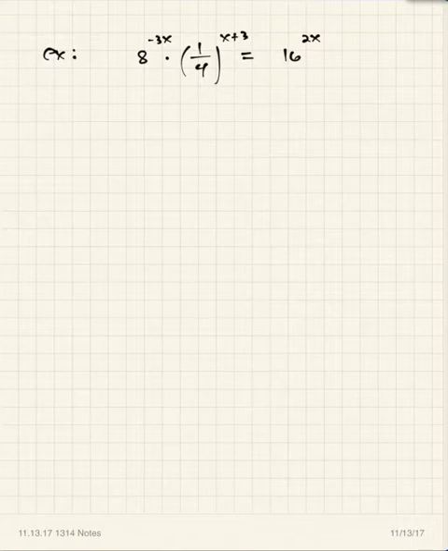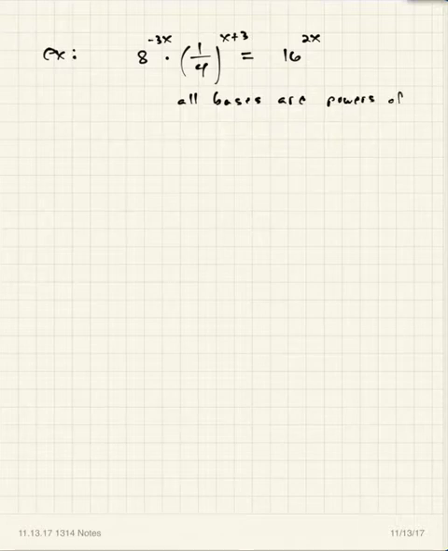But notice that all the bases in this problem are 8 and 4 and 16, all the bases are powers of 2. And because they're all powers of the same number, we can use the property that we've been discussing to solve this problem.